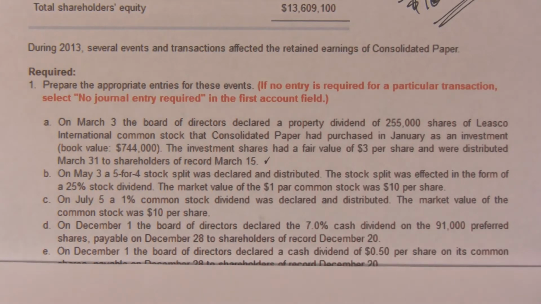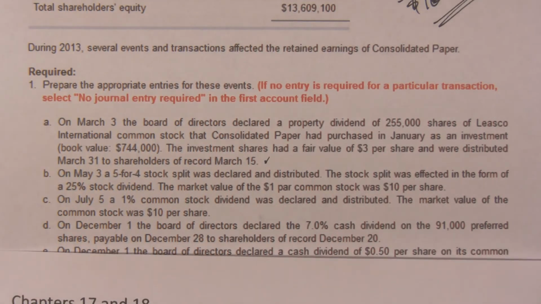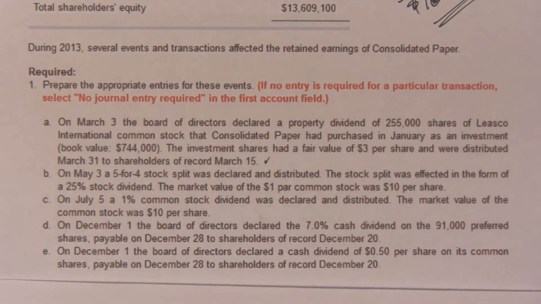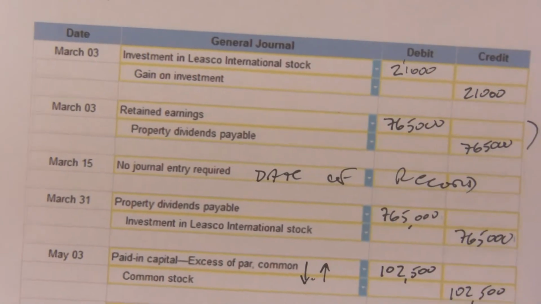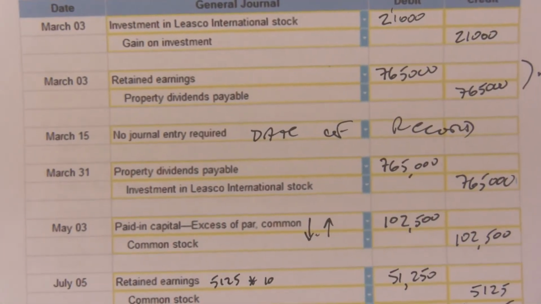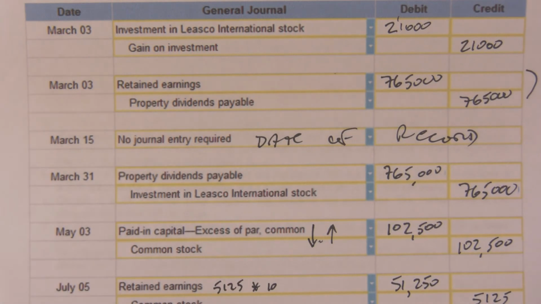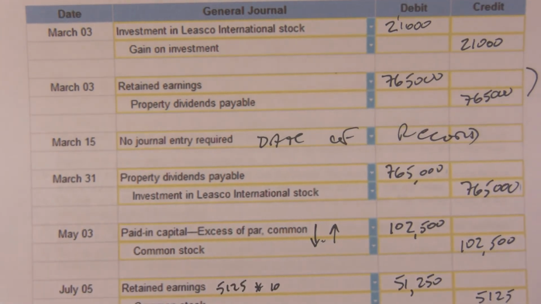The board of directors, and this is December 1st, declared a 7% cash dividend on the preferred shares and 50 cents per share to the common shares. So let's take a look at that. We have to look at the retained earnings and the additional paid-in capital that we're going to be giving up.